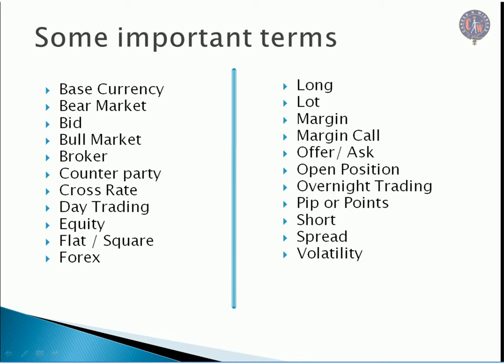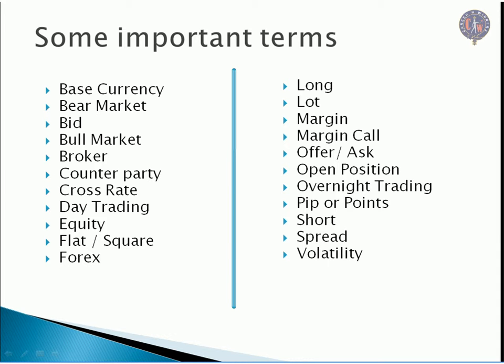Term number 17, open position. Any deal which has not been effected or reversed by an equal or opposite deal is called an open position. The next term is overnight trading. It refers to positions held open at 2100 hours GMT or 9 pm GMT.